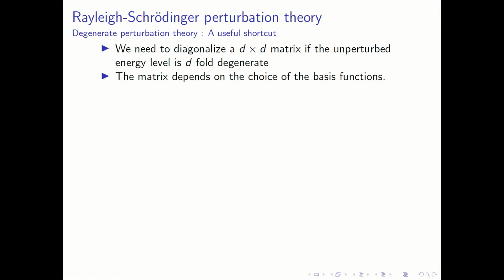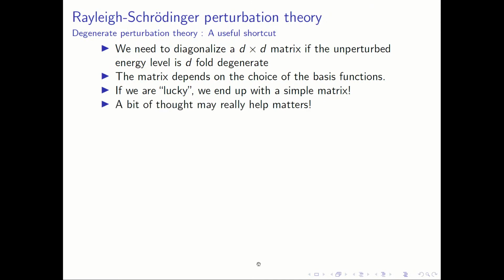Of course, this matrix depends on which set of d independent functions we take to be the basis functions or the unperturbed eigenfunctions to start with. So the matrix depends on the choice of the basis functions. If we are lucky, as we were in the last case, we end up with a simple matrix, and our job is considerably less.